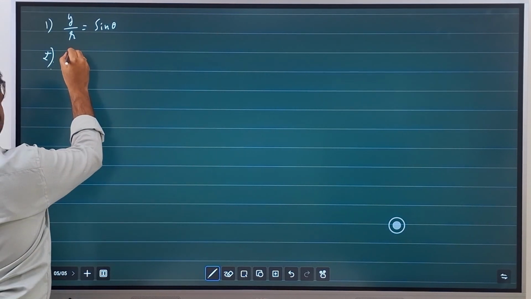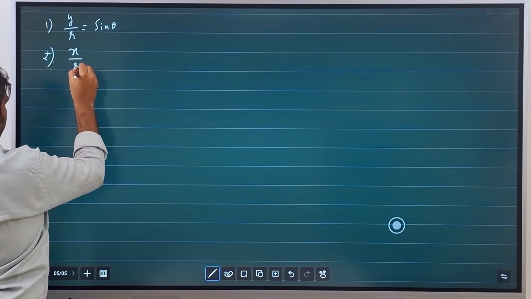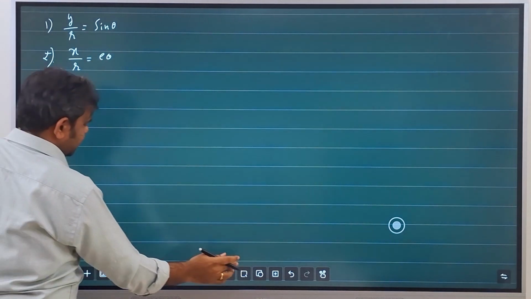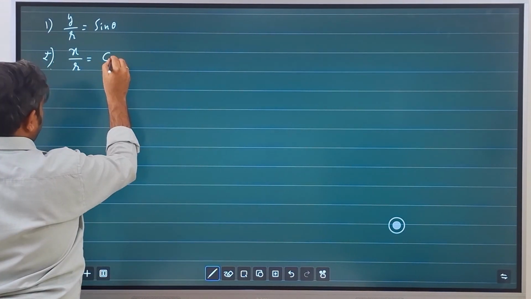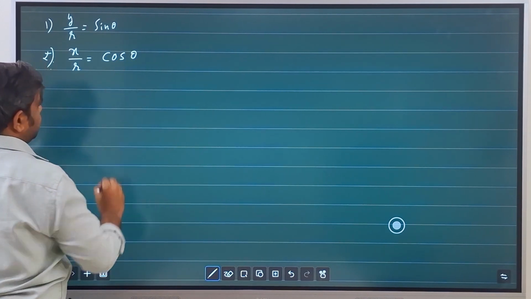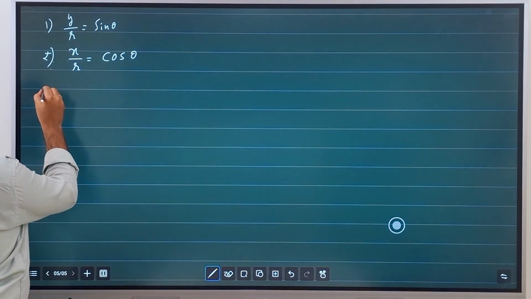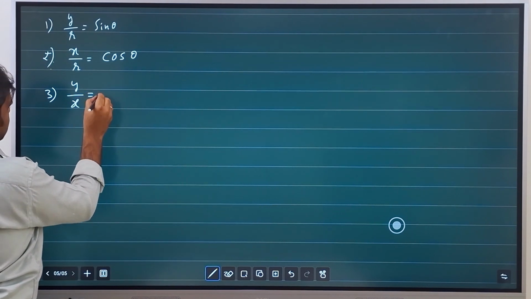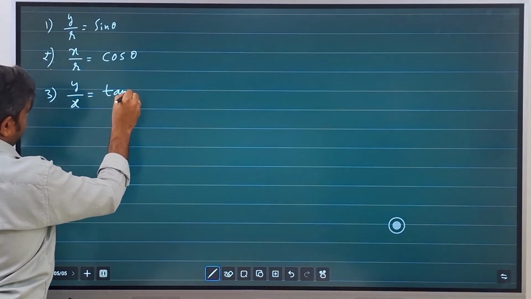And the second ratio is the ratio of adjacent side to hypotenuse. We call it cos theta. And the third ratio, the ratio of opposite side to adjacent side, we called it tan theta.